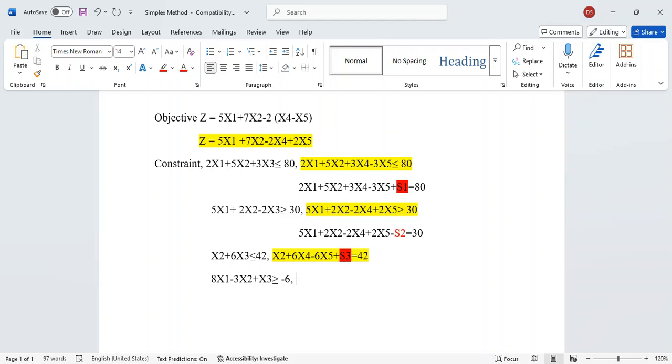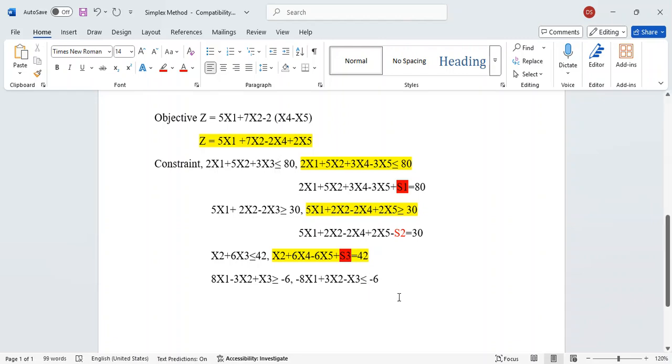How can you write it? Multiply by minus 1 in every constraint: minus 8x1 plus 3x2 minus x3 less than or equal to 6. Here the greater than becomes less than or equal to.